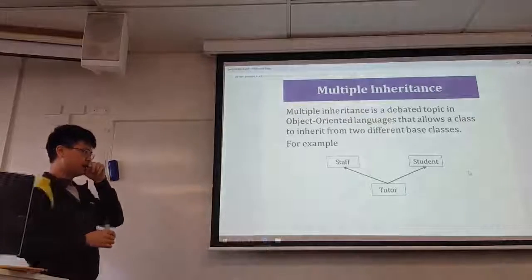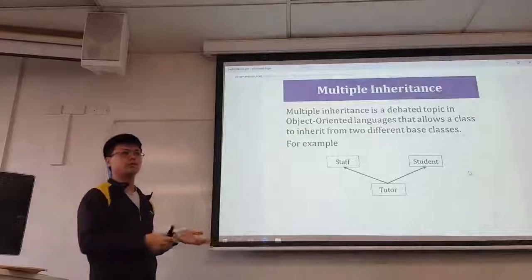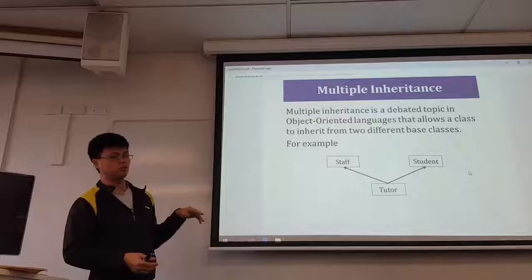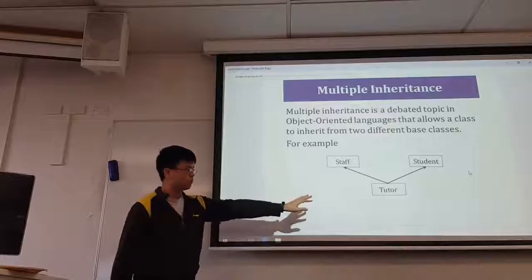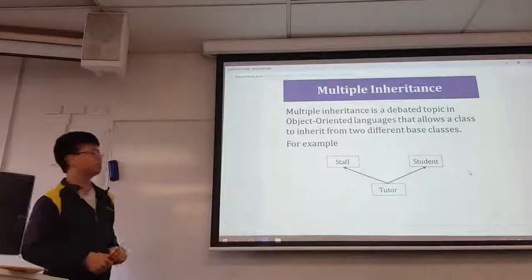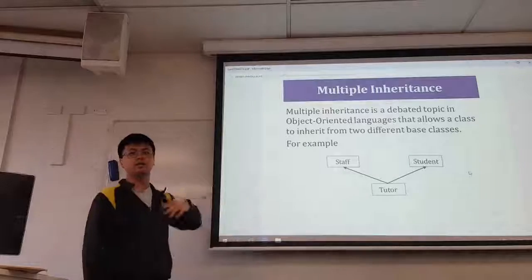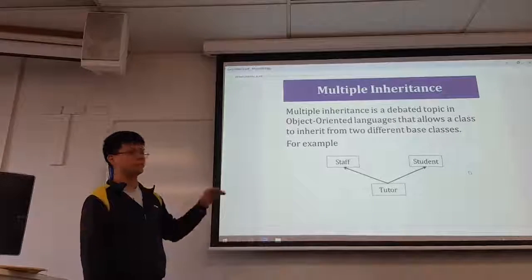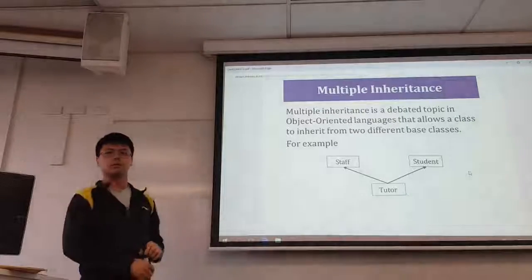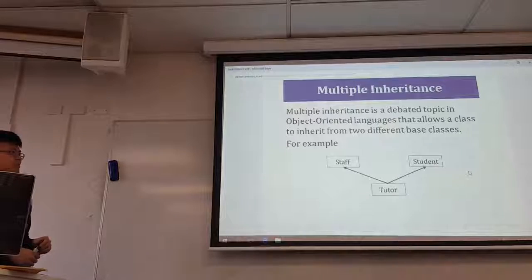When you have an instance of type staff and you call staff.goToUni, that's understood. When you call the same function on student, that's understood. But when it comes to tutor, you call tutor.goToSchool, so what does that mean? Are you calling goToSchool as a staff? Because staff has to park in a different car park, and student has to park in a different car park. So it's ambiguous. In C++, there is no precedence.